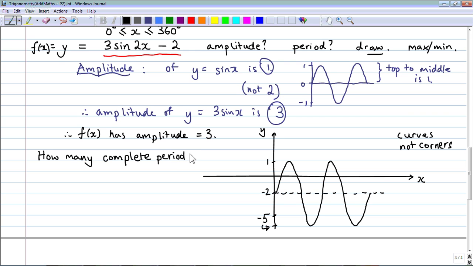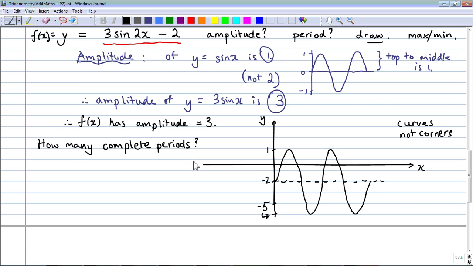If you don't know what period means, or at least if you don't know exactly what it means, this idea: f of x is periodic if it has the property that this is true.